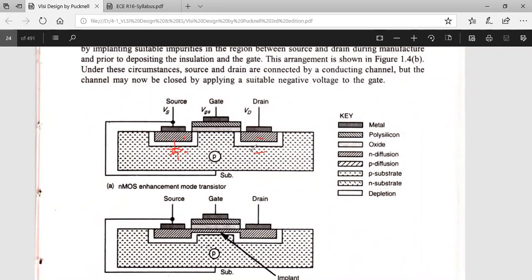So this acts as the depletion region between the p-type and n-type materials, what we see in a general diode. So we have an n plus here and an n plus here.